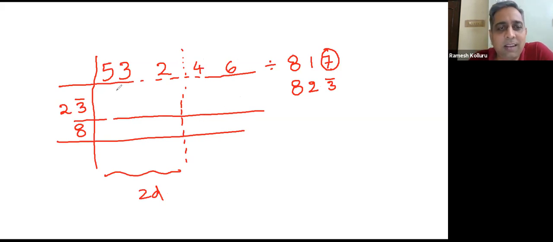So here, when we are doing this, 53 is the first dividend, 53 divided by 8. 8 6s are 48.